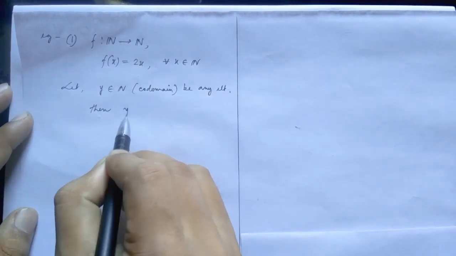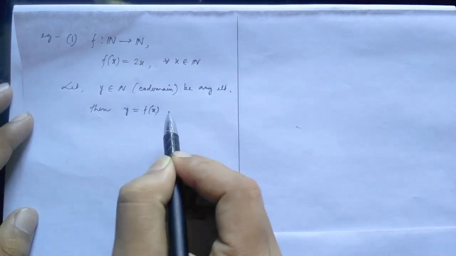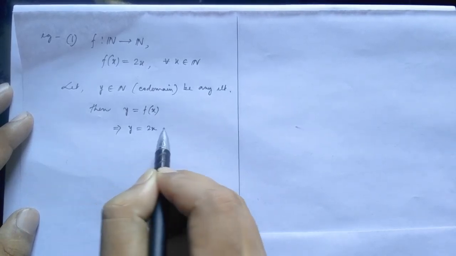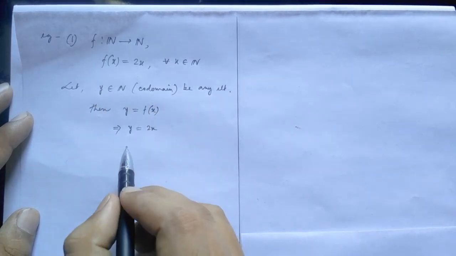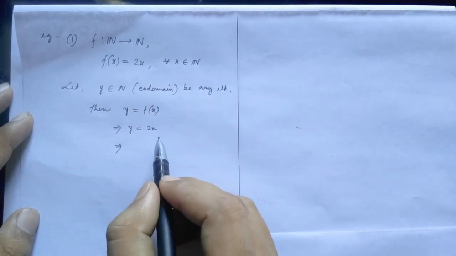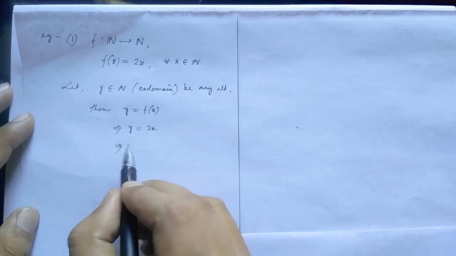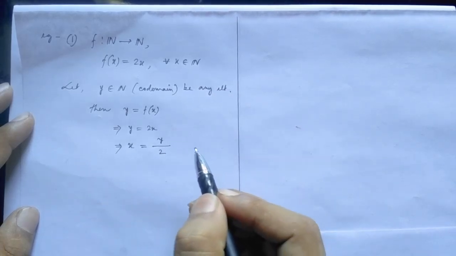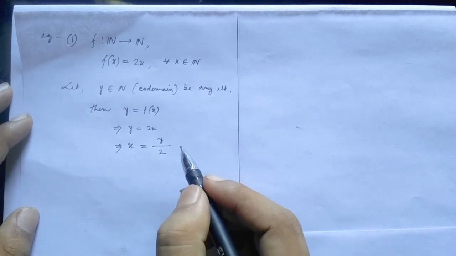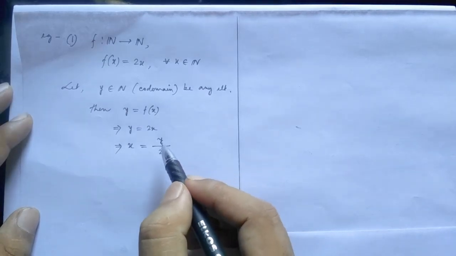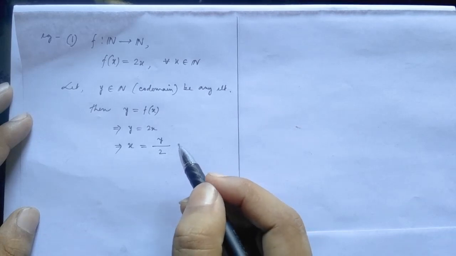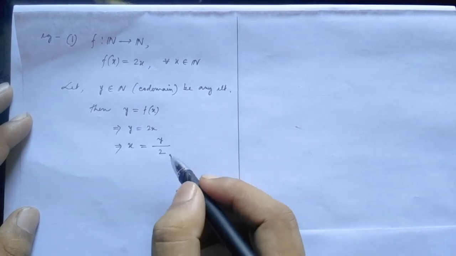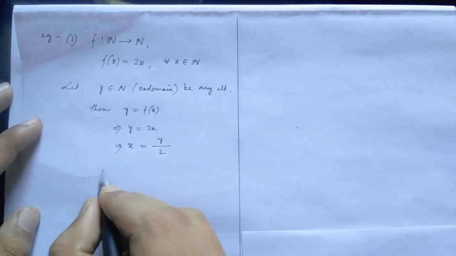Then we can write y equal f(x). So this implies y equal twice x. Now we have to express x in terms of y. So x equal y by 2. Now we have to check whether for all values of y, x belongs to N or does not belong to N.